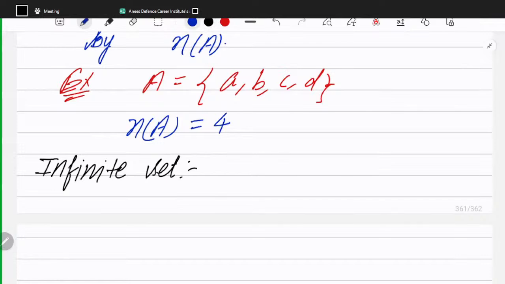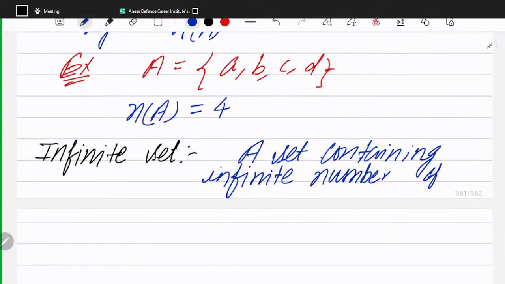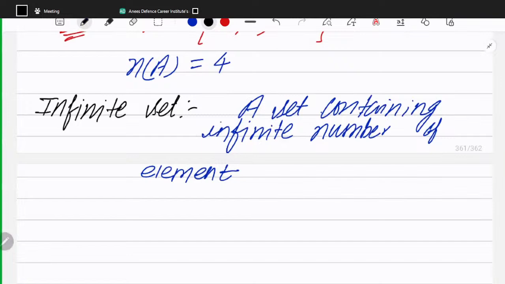Infinite set. A set containing an infinite number of elements, that is known as an infinite set.